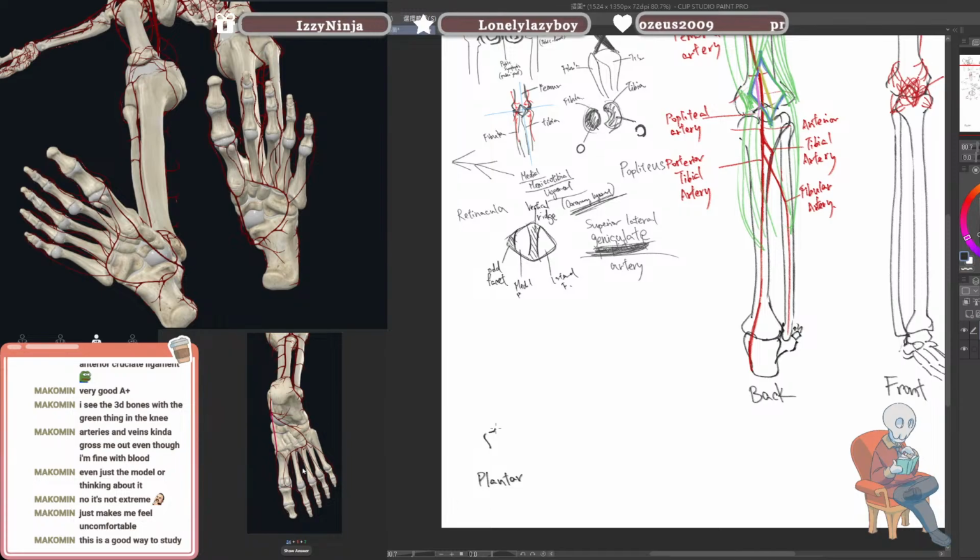You can see the calcaneus bone, the navicular bone, the cuboid bone, medial cuneiform, intermediate cuneiform, lateral cuneiform. Metatarsal 1, metatarsal 2, metatarsal 3, metatarsal 4 and 5.